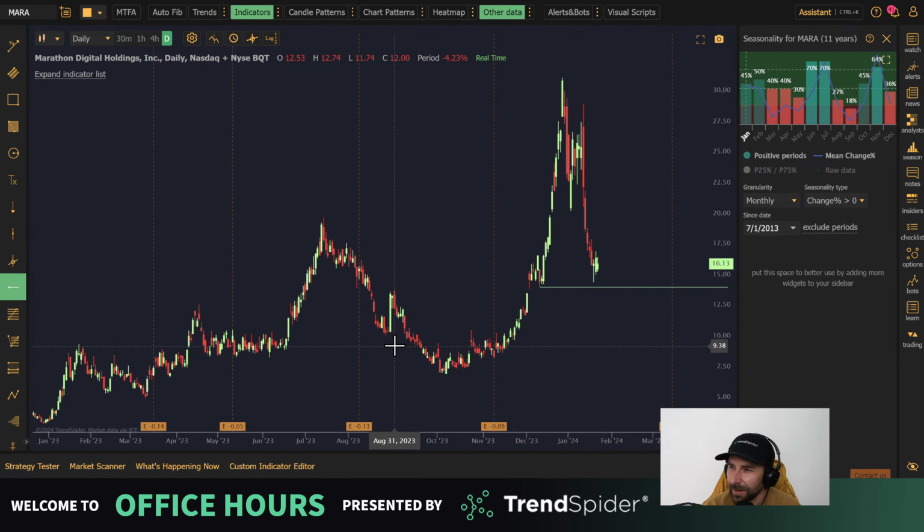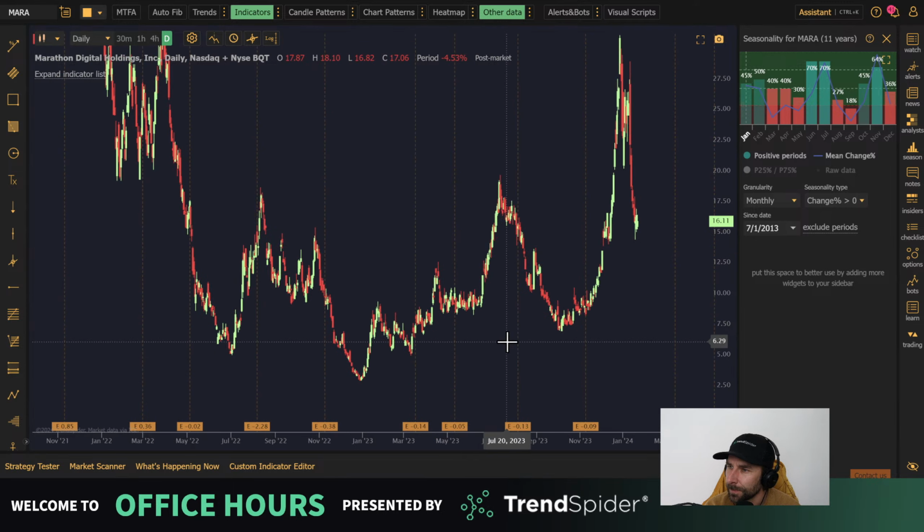I'd also be looking here too, around 10 bucks. This is your pivot that took you all the way down to the low. And then when they came back through it, they never came back and tested it. So you could argue that there was a bit of a break in structure here, right? They made a new high and they just sent it way, way lower.